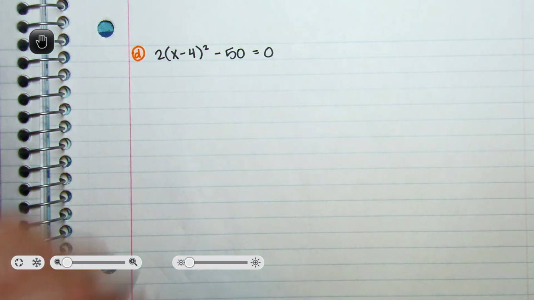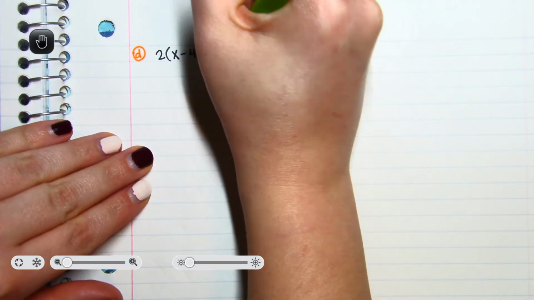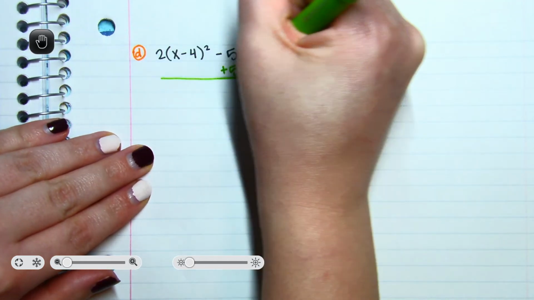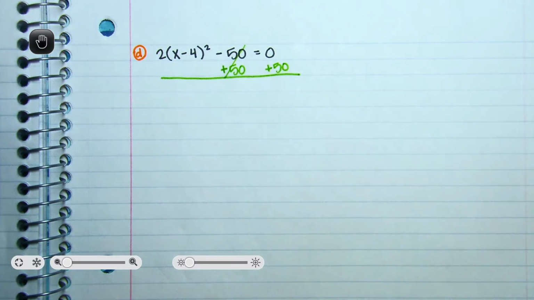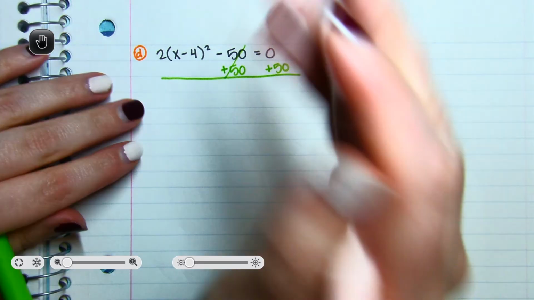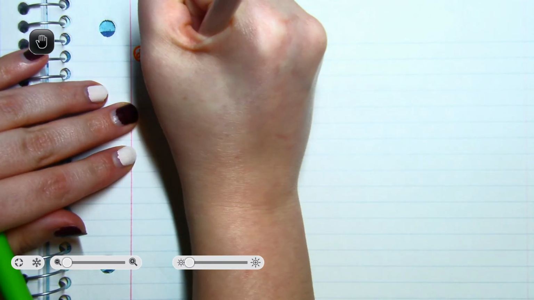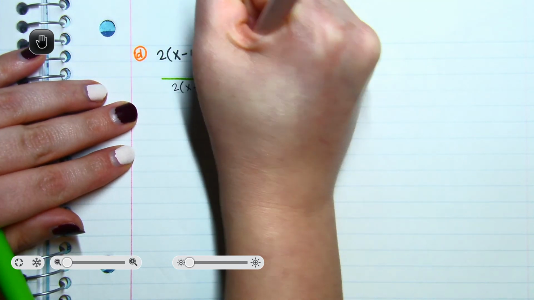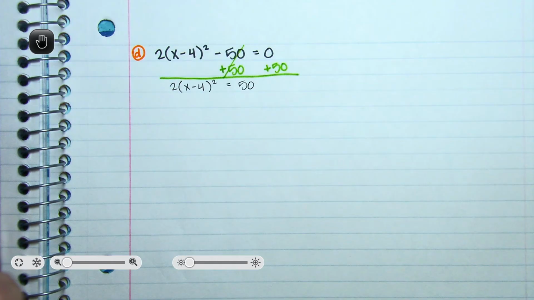So what I'm going to do first is add 50 to both sides. And then I'm going to have 2 times parentheses x minus 4 quantity squared equals 50. So I'm halfway there.